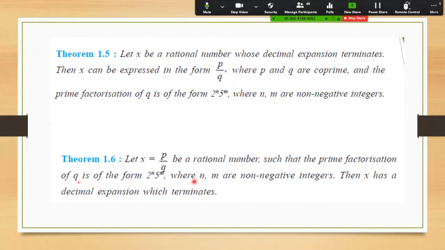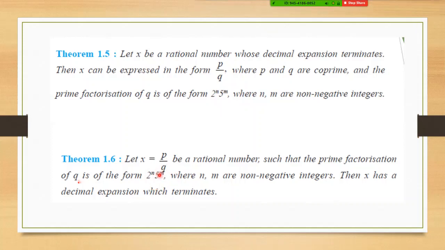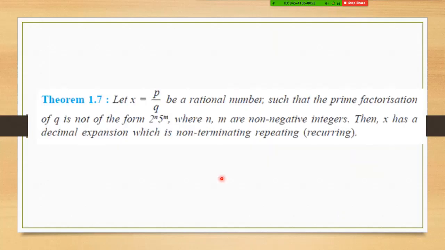In the same way, theorem 1.6 says the other way around. If in p by q, q is in the form of 2 to the power of n into 5 to the power of m, then it has a decimal expansion which terminates. This is a very important concept which should be in your mind.